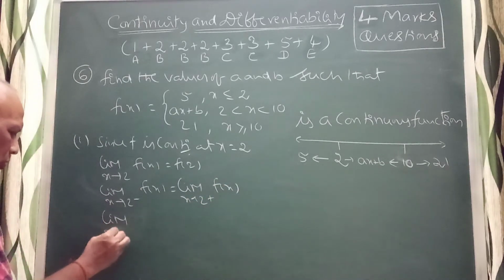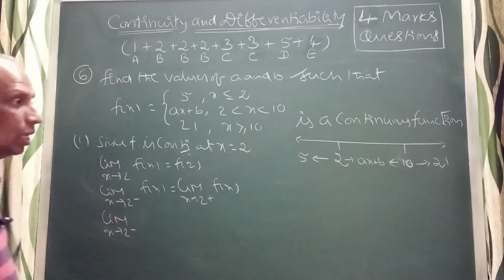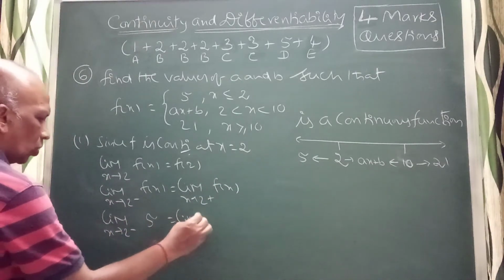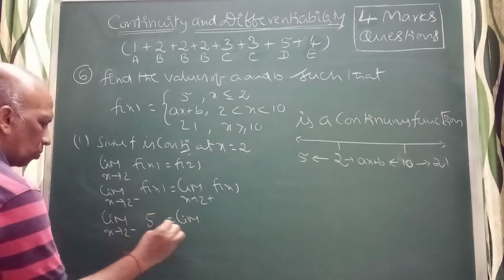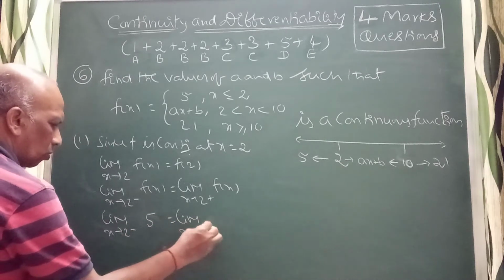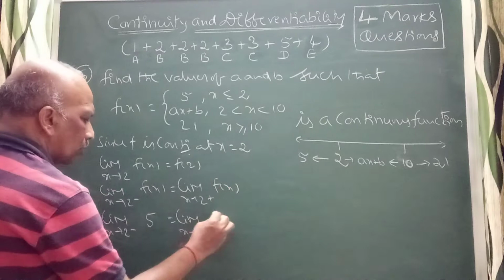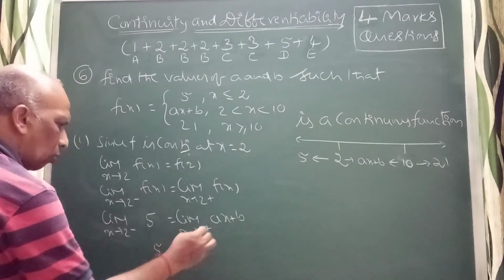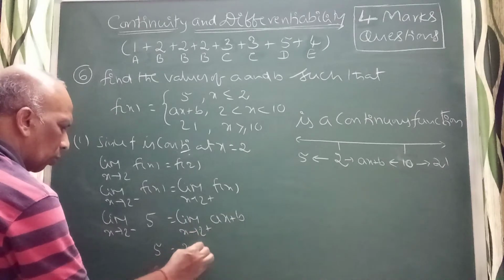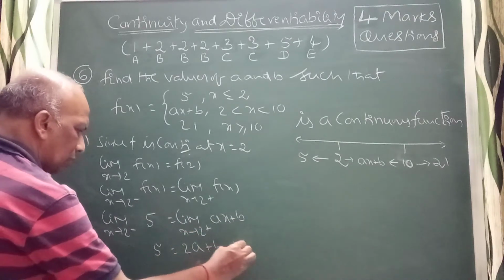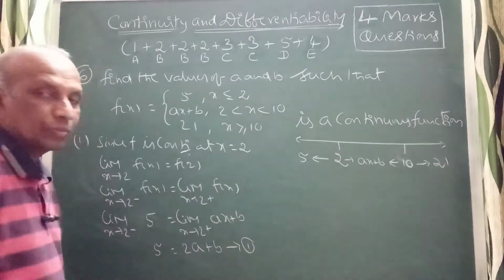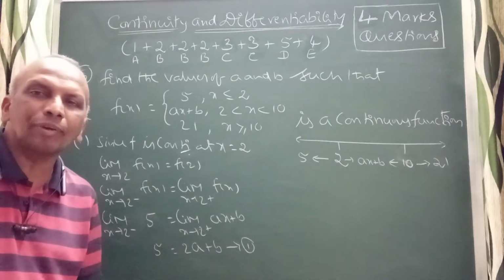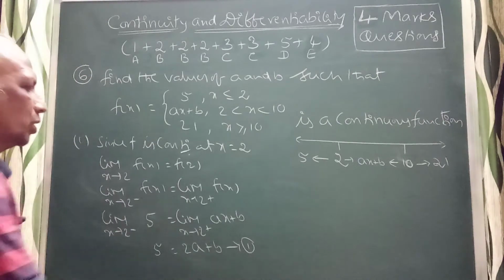Limit x tends to 2 minus, left of 2, is 5. Limit x tends to 2 plus is the function ax plus b. Substitute the limit: 5 is equal to a into 2 plus b, that is 2a plus b, equation 1.